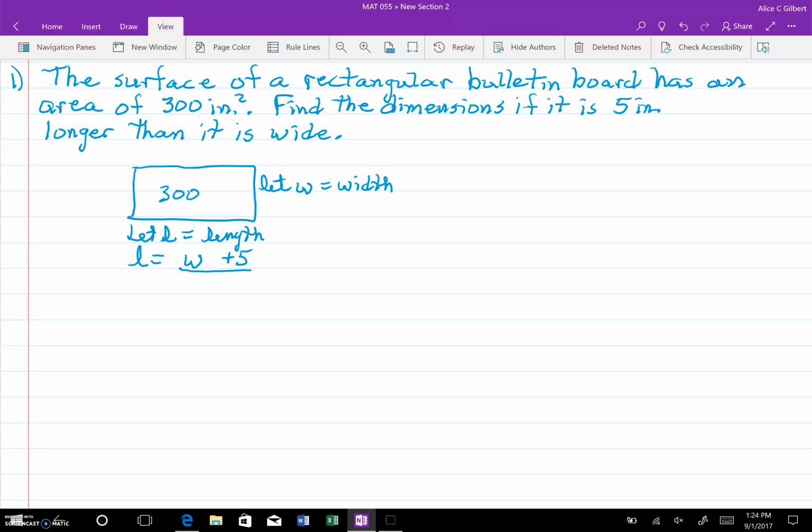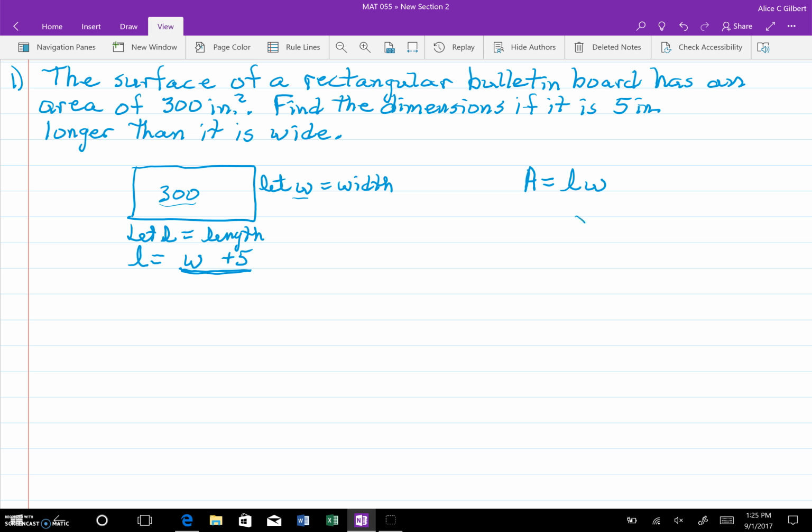Now, we need to know as well the formula for area of a rectangle. Well, the formula for area of a rectangle is length times width. Easy as that. So here I have an area, I have a length, and I have a width. So I've got everything I need.